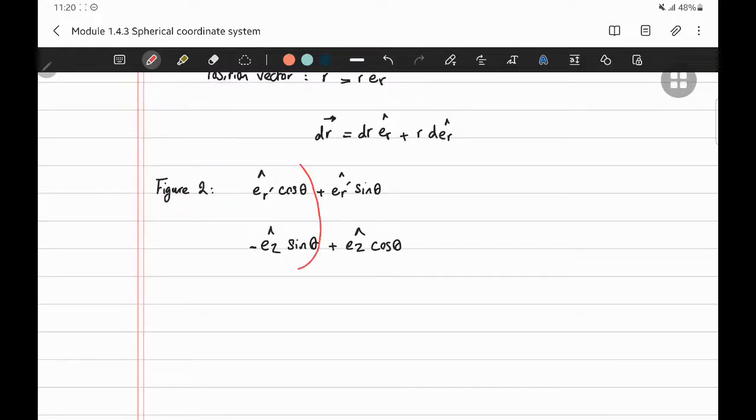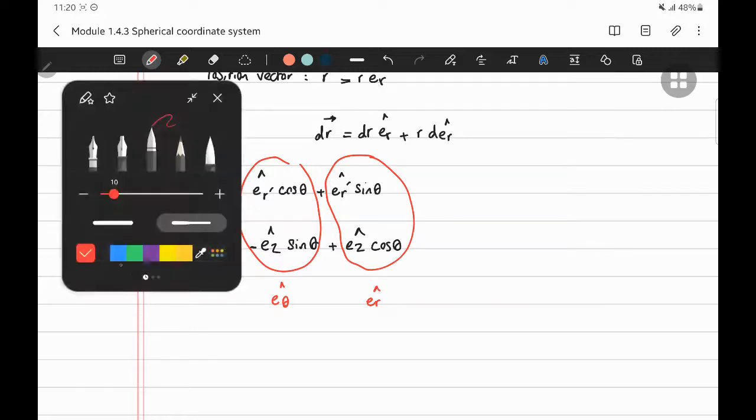So basically, this will give the e theta components, and this will give the er component.